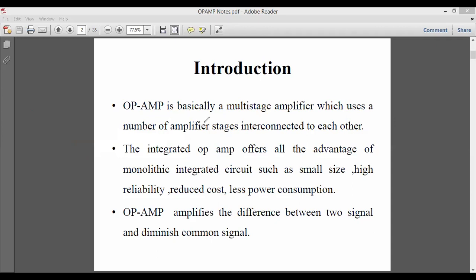So basically it is a multi-stage amplifier. The meaning of multi-stage here is that more than one stage of amplifier is used in the design. If I make use of one amplifier, what will be the output result? If I make use of multiple stages, one stage, two stages, three stages, what will be the output?